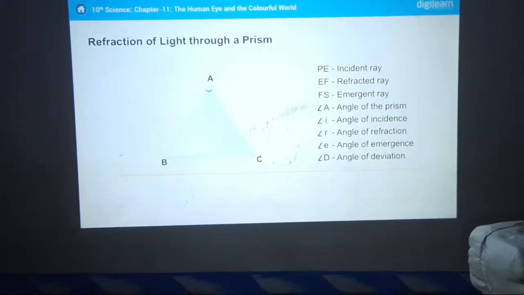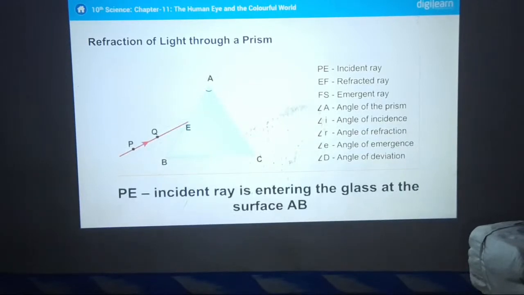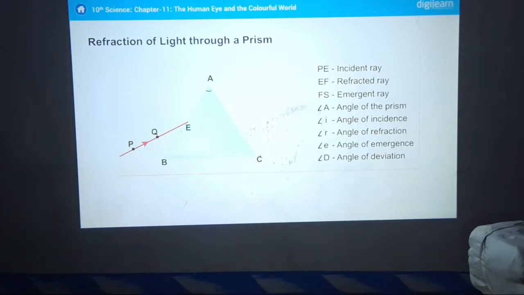Any object that has higher refractive index is called a denser medium. We can observe that a ray of light PE bends away from the normal.